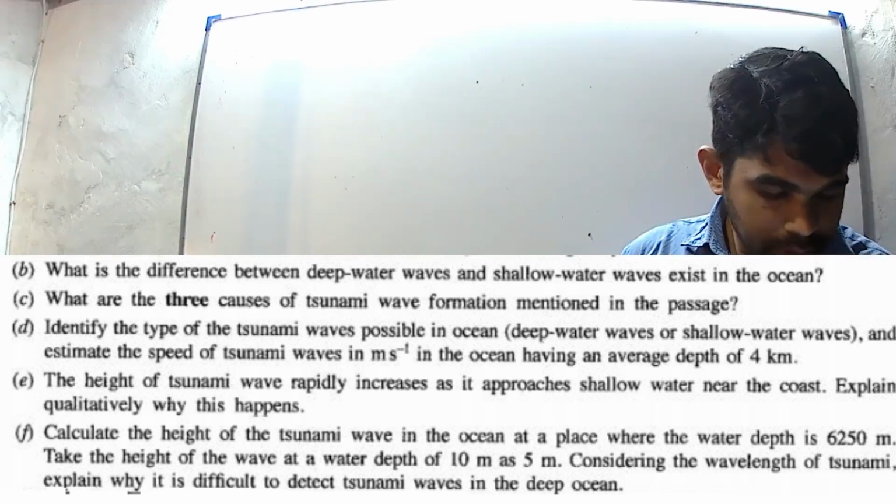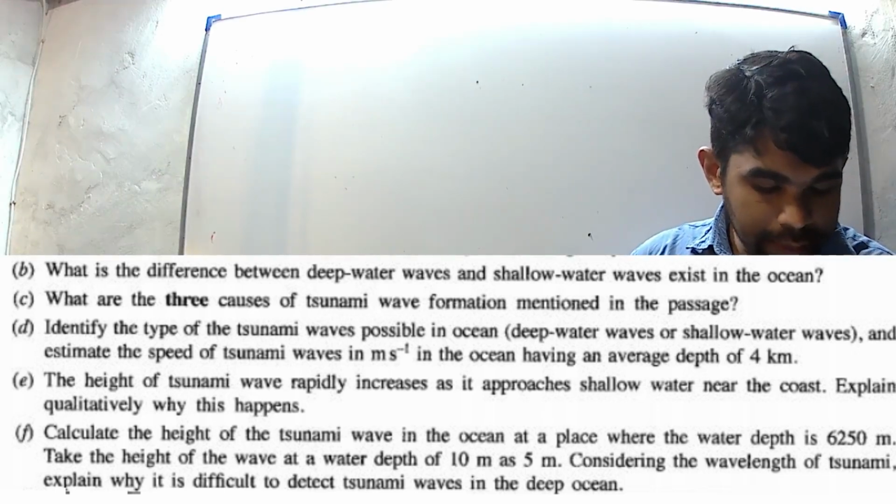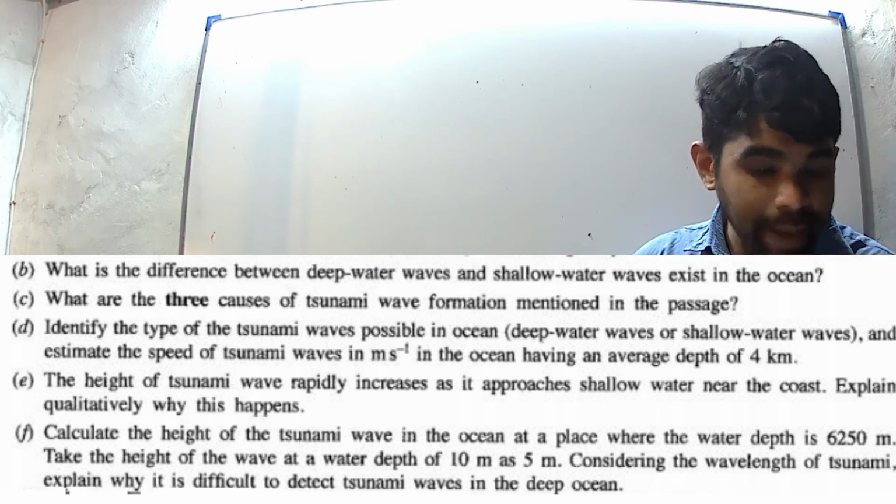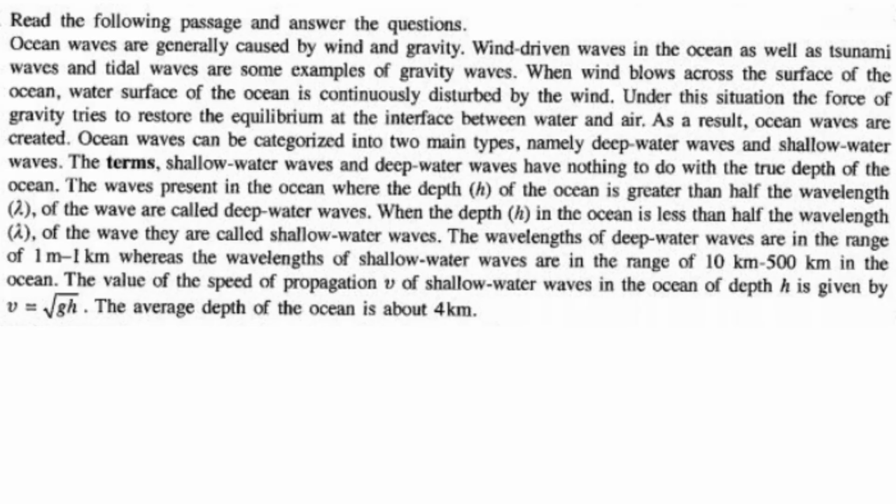Part C. What are the three causes of tsunami wave formation mentioned in the passage? Then I will read again. The wavelengths of deep water waves range from 1 meter to 1 kilometer, whereas the wavelengths of shallow water waves are in the range 10 kilometers to 500 kilometers in the ocean.